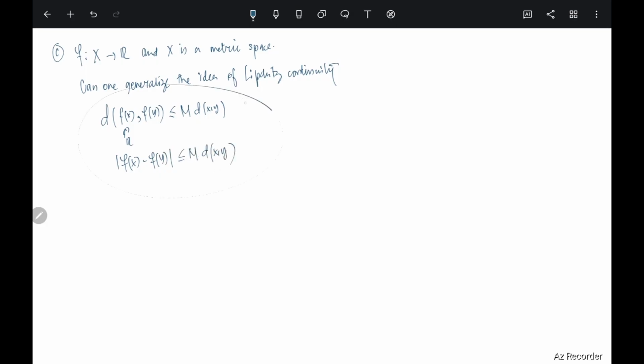So you can generalize the concept like this. Of course, you can replace R with another metric space Y, and then this definition should work. But what I want you to do is please check if the above idea works or not. Clear? Okay, so with this we are going to end this lecture.